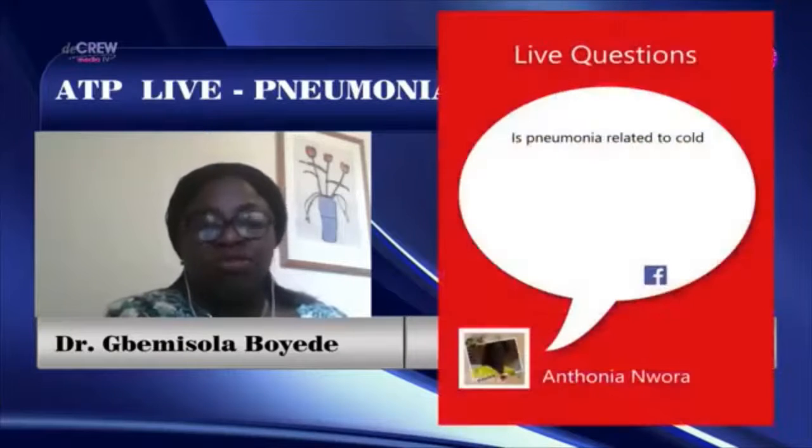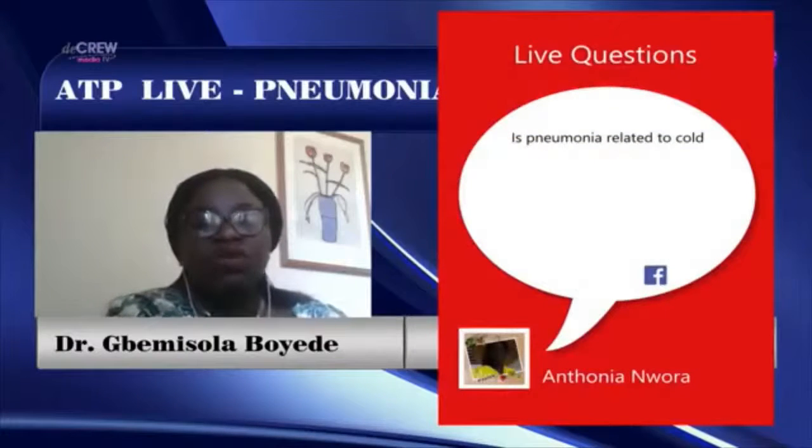Apart from the pneumococcal vaccine, you also have the Haemophilus influenzae type B vaccine. That also protects against pneumonia due to Haemophilus influenzae type B bacteria. Then you also have the measles vaccine. One of the ways measles kills children is through causing pneumonia, and that can lead to death. So the measles vaccine is also very protective against pneumonia due to measles virus.